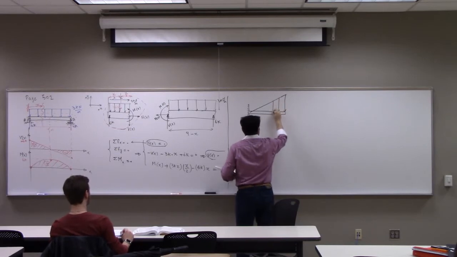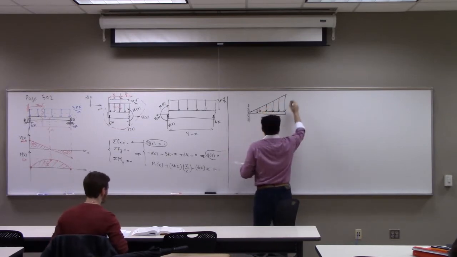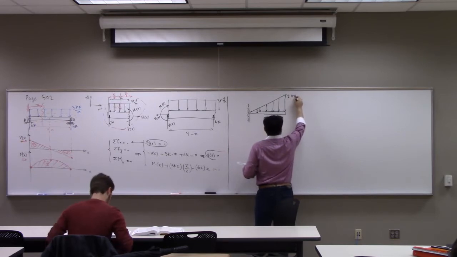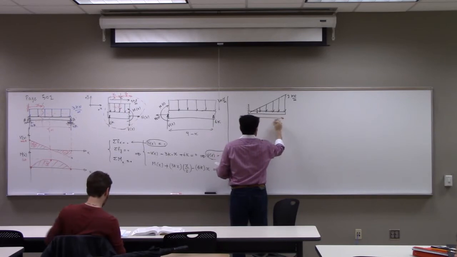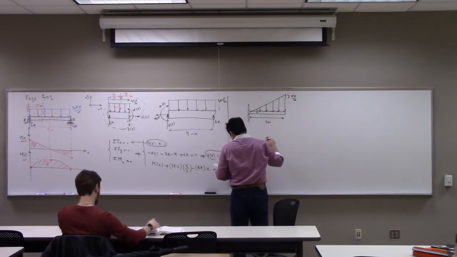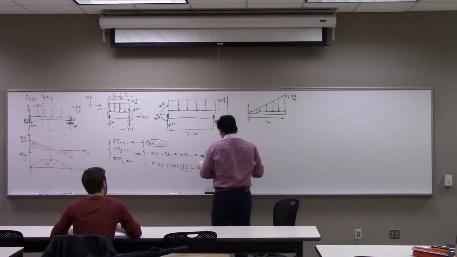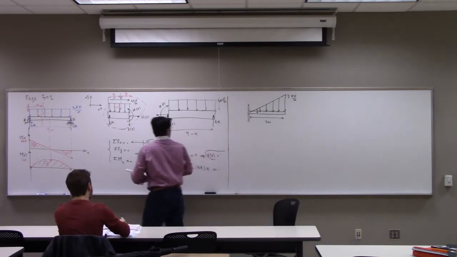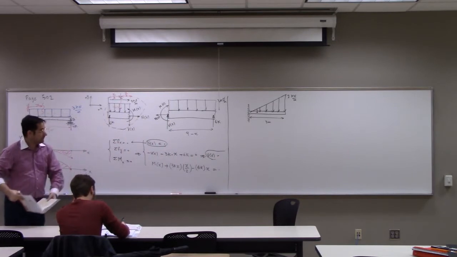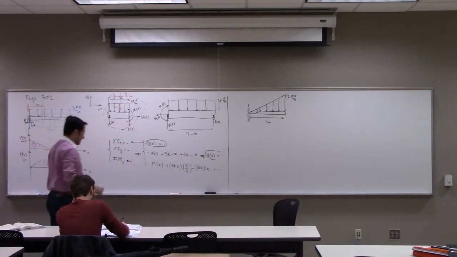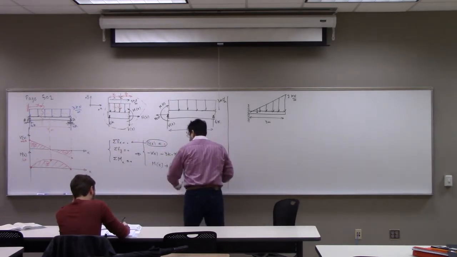Now you have a triangular distributed load. 2 kilonewton per meter. 3 meter. And what it says, find the shear moment diagram. So 2 kilonewton per meter and 3. Find shear moment diagram.